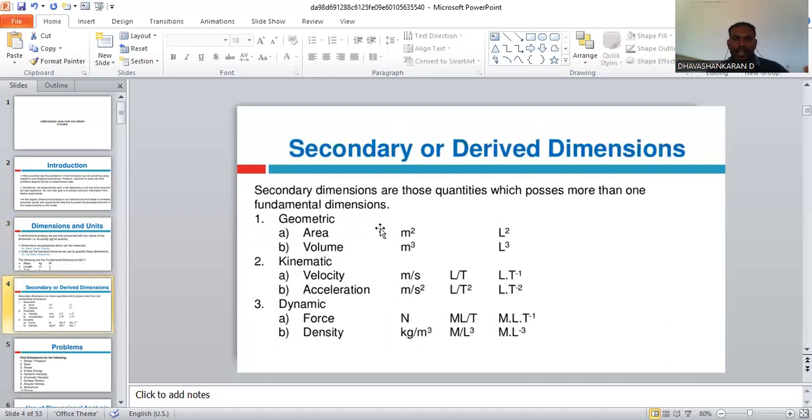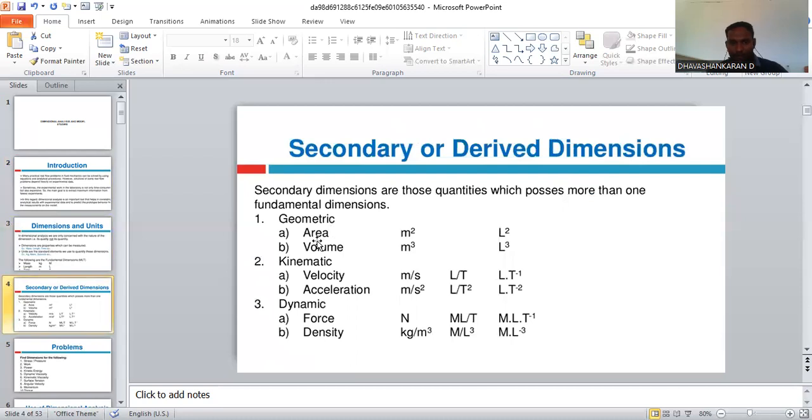Next, we have the secondary quantities. Secondary or derived dimensions are those quantities which possess more than one fundamental dimension. So we consider these as secondary or derived dimensions.